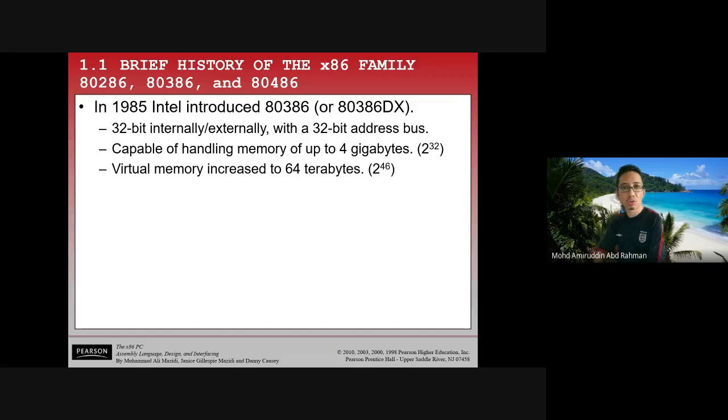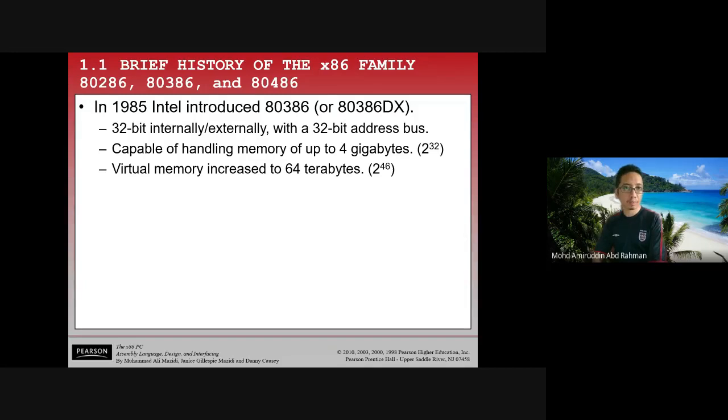In 1985, Intel introduced the 8386 or 8386DX. It is 32-bit internally and externally, with a 32-bit address bus. So it doubles the capacity of the address bus. Before that, the 8286 had just a 16-bit address bus.